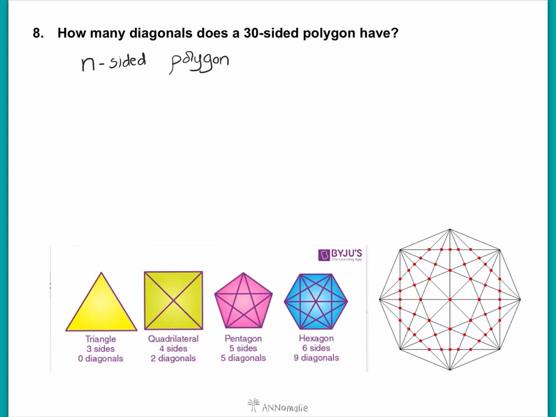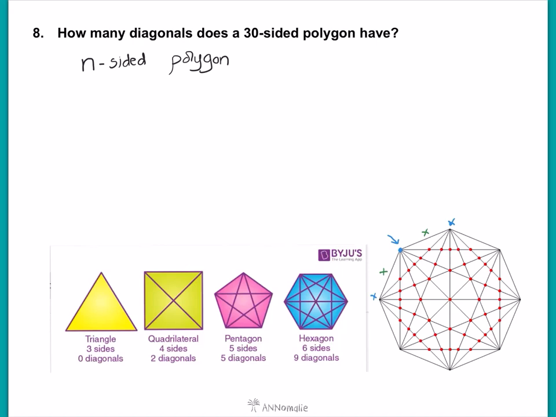If we look at any vertex, we cannot construct a diagonal to the vertex adjacent to this current vertex. So this is our current vertex. We cannot construct a diagonal to this one, neither to this one, neither to those two vertices.